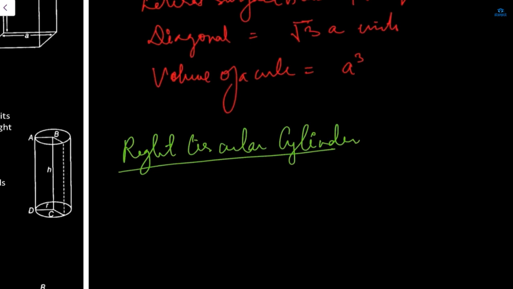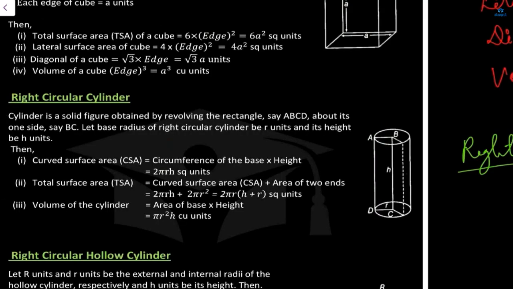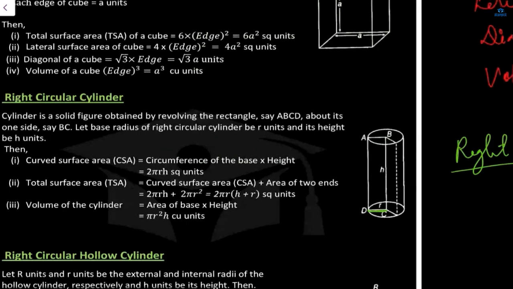Okay, now you can take the cylinder here. You can assume that this is the radius and the height of the cylinder is H. So if the radius of the circular surface of the bottom and the top is R and the height of the cylinder is H, then the curved surface area, let's see.